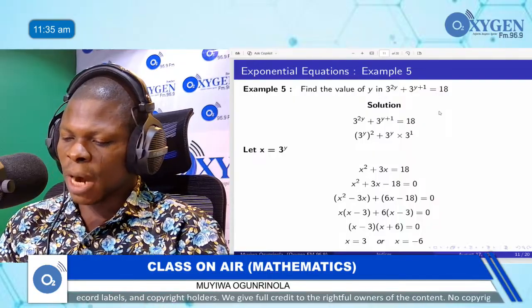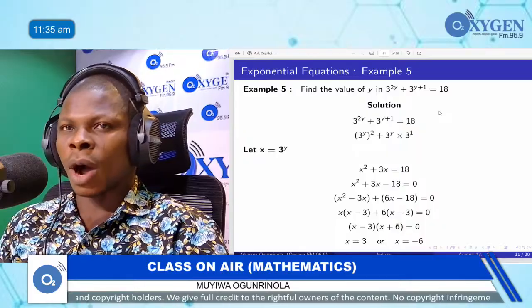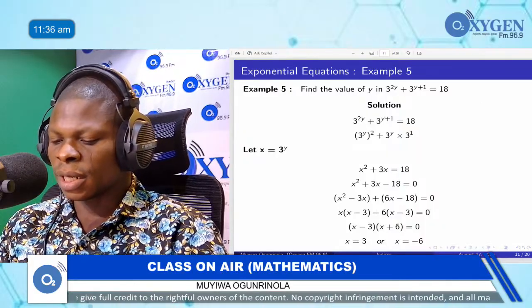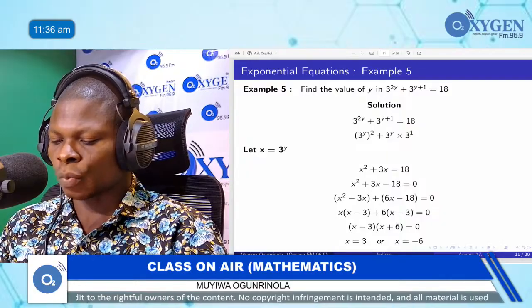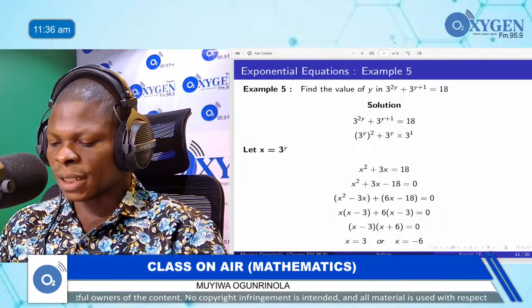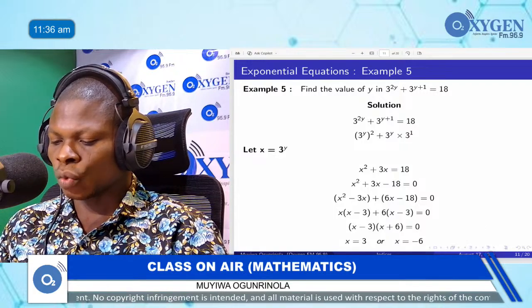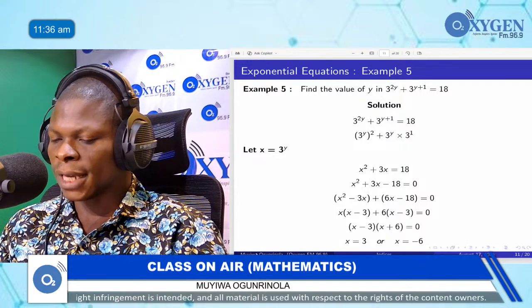We can also write this as (3 raised to power y) squared plus 3 raised to power y times 3 raised to power 1 is equal to 18.